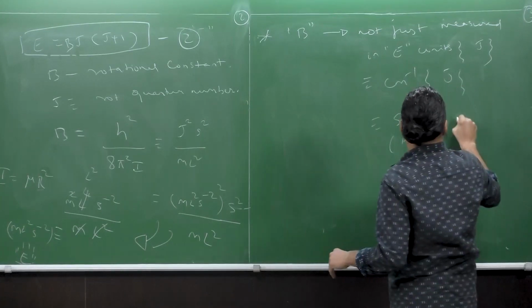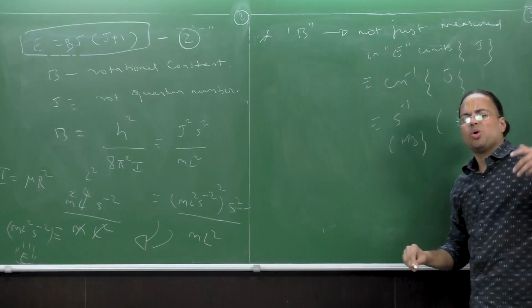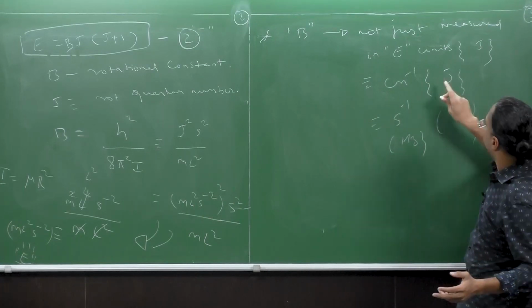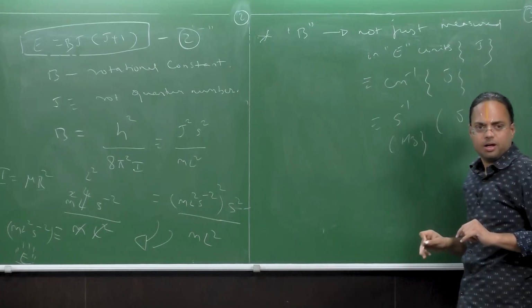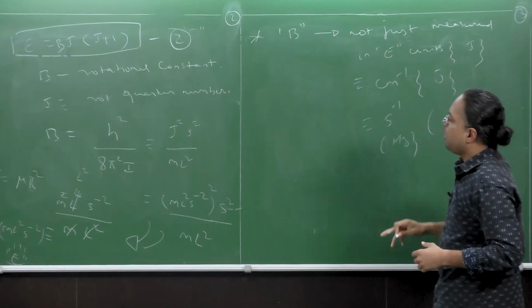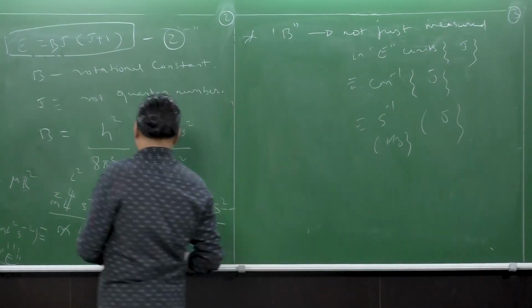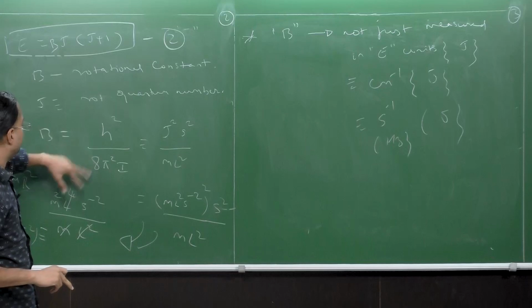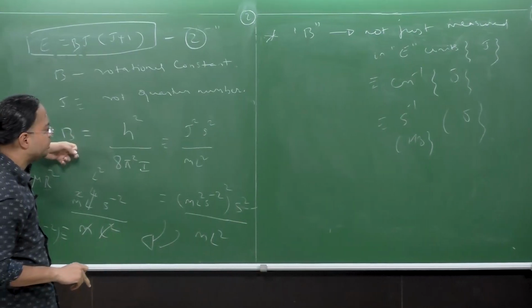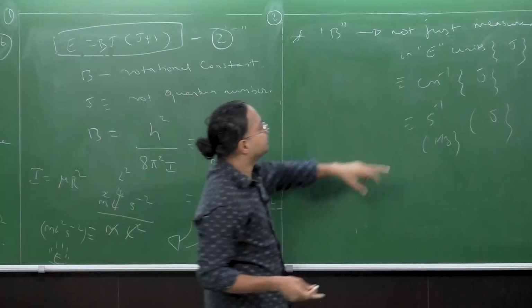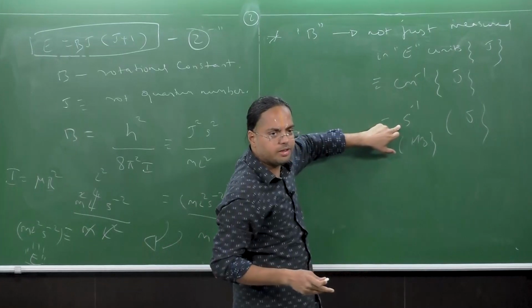And on very rare occasions, they also take the reciprocal of this to give it in terms of lambda, that is the wavelength itself. So how is that done? Once you have B in energy units, how is it, for example, converted into per centimeter and per second?